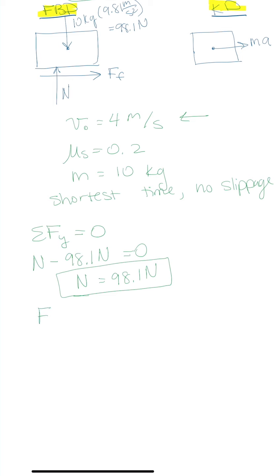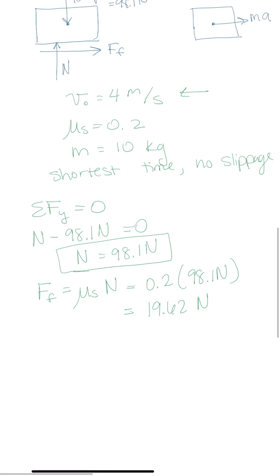The force of friction equals mu sub s times N, so that equals 0.2 times that 98.1 newtons, that's 19.62 newtons. And so that's the force of friction.